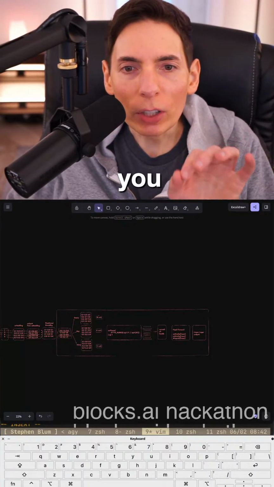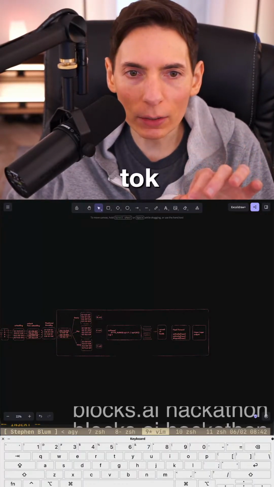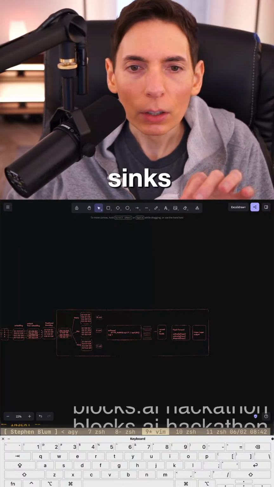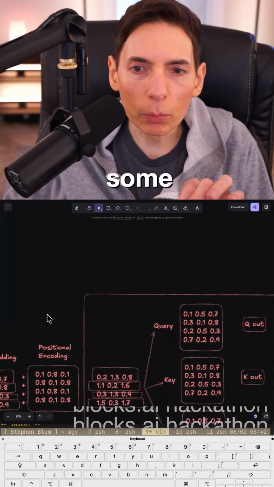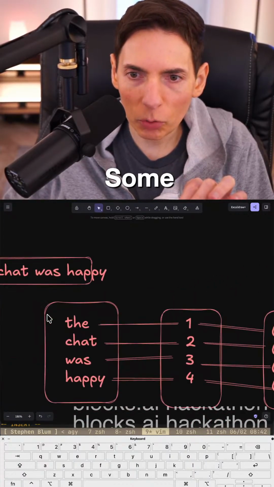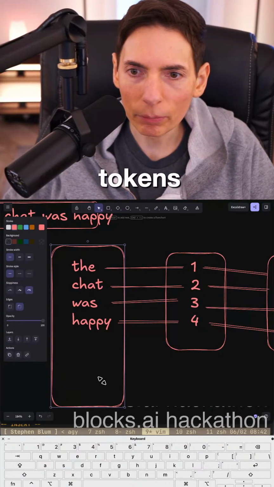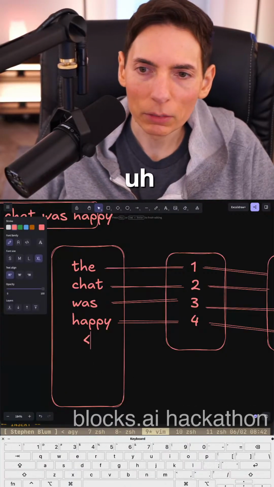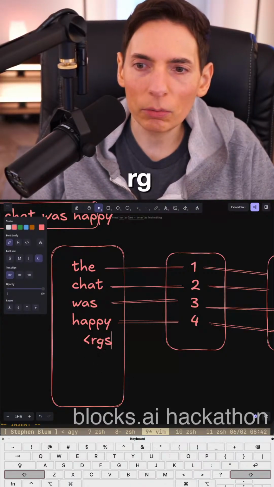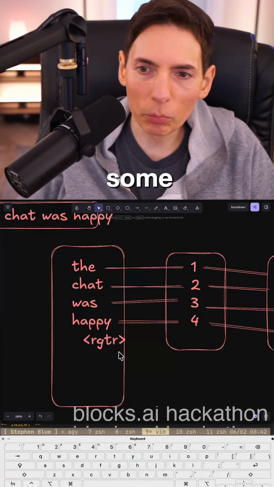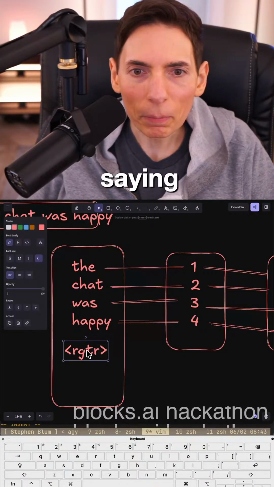Okay, so you tend to use register tokens, attention sinks. So you've got some special tokens here is what you're saying. Something like register, I don't know, you've got some sort of special token there. Is that what you're saying?